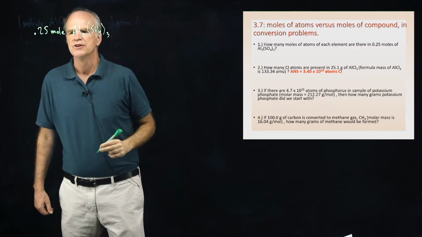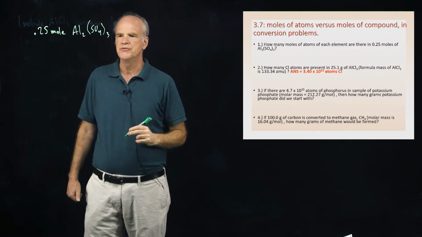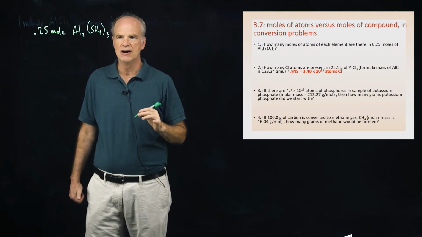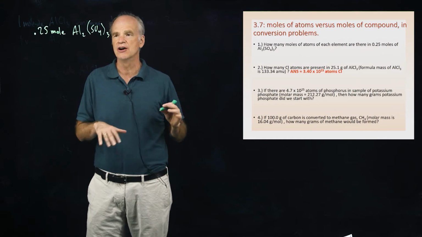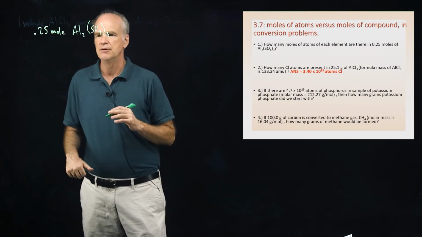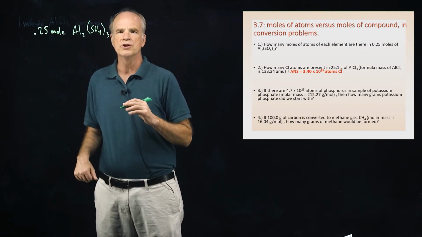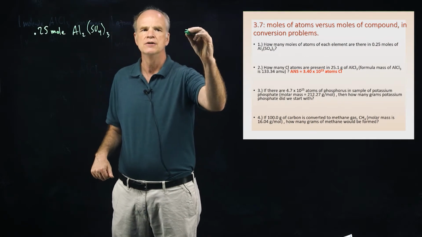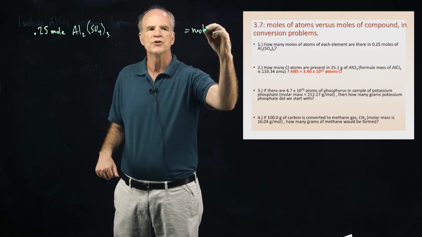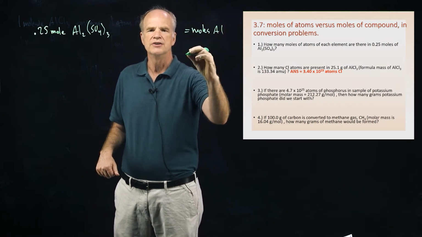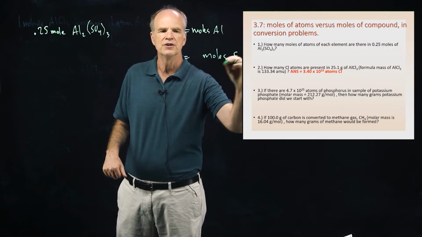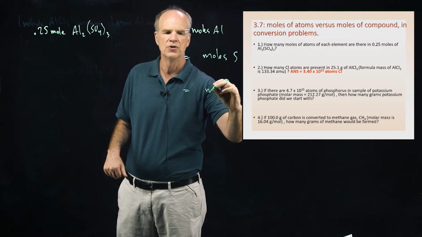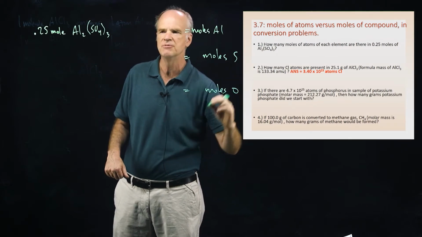What we want to do is find how many moles of each of the different elements there are in this compound. We're going to first find moles of aluminum, then moles of sulfur, and then moles of oxygen. Let me show you how that's done.